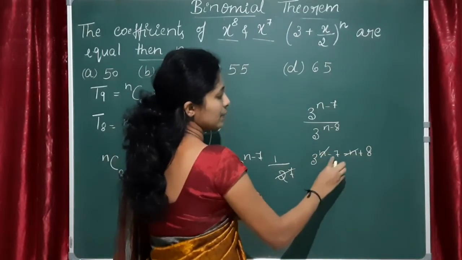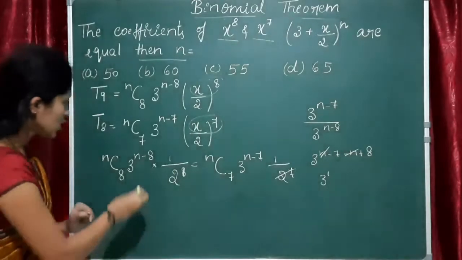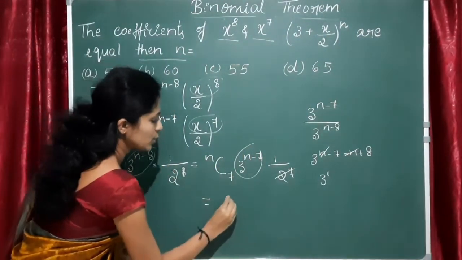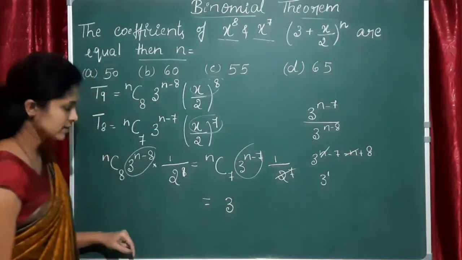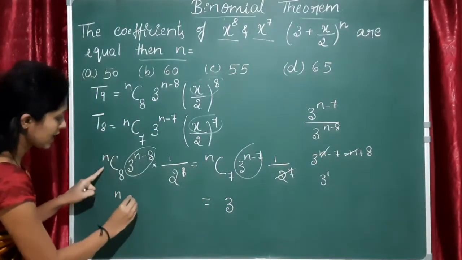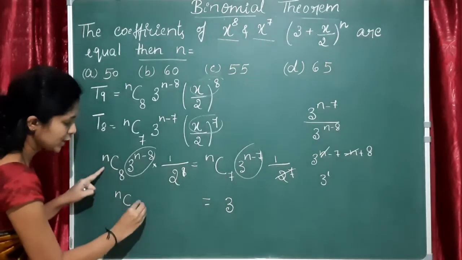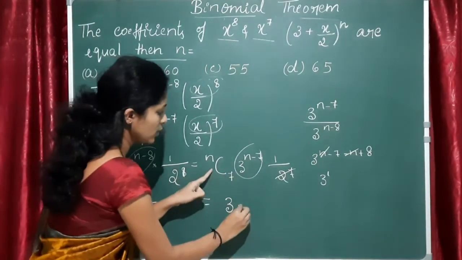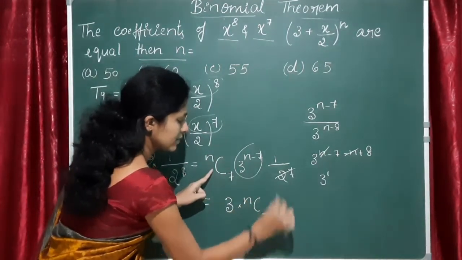So it will be 3 to the power 1, which is equal to 3. Is it clear? Now what is remaining here? nC8 into 1 by 2 is equal to 3 into nC7.